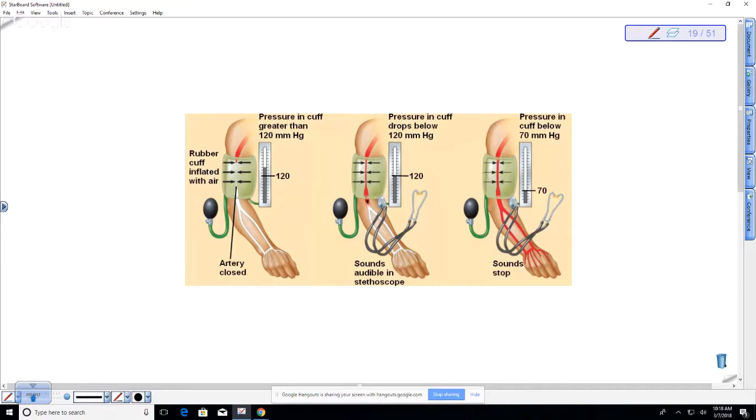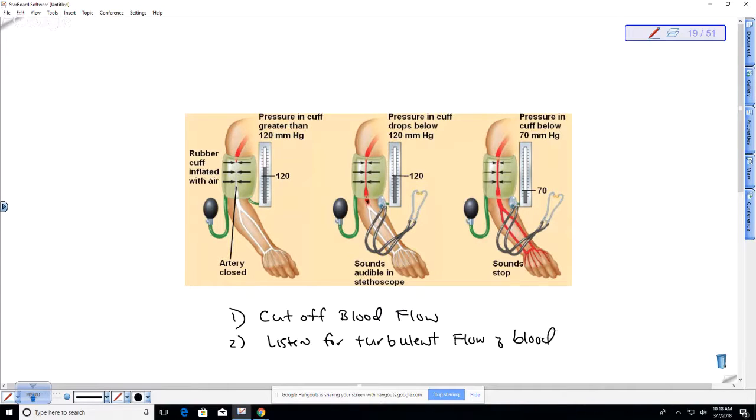So when you actually do it, you cut off blood flow in the artery. Okay. And then you listen for turbulent flow. So this actually makes a sound that you can hear.